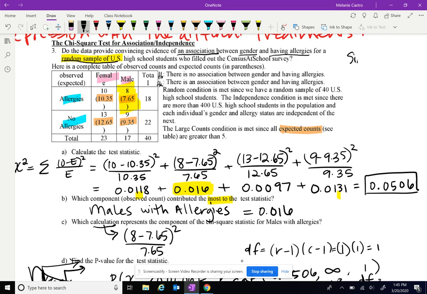So, since our p-value was 0.822, which is greater than our alpha at even 10%, or you could say 5%, we fail to reject Ho.